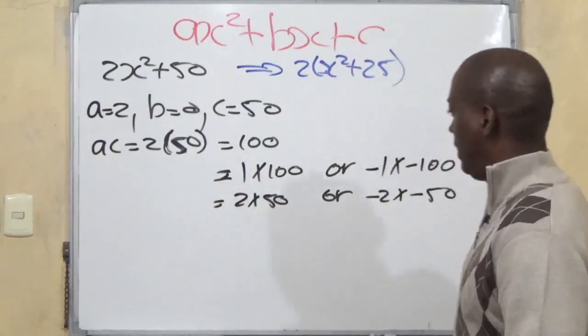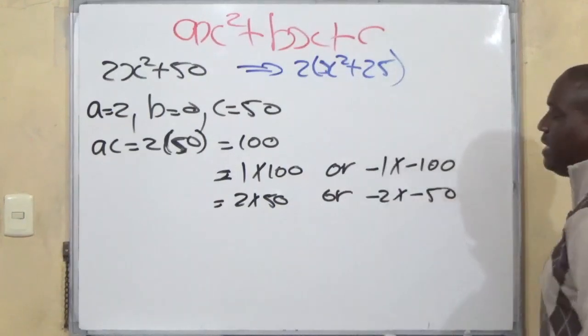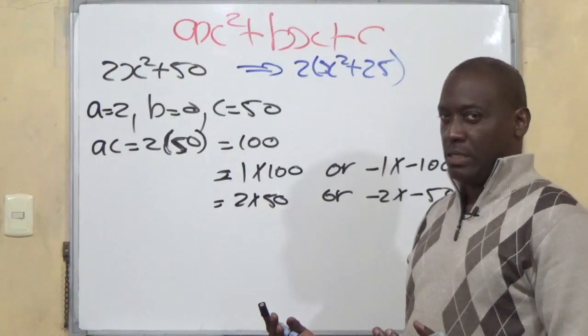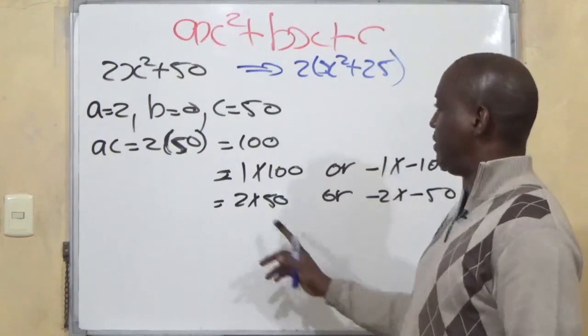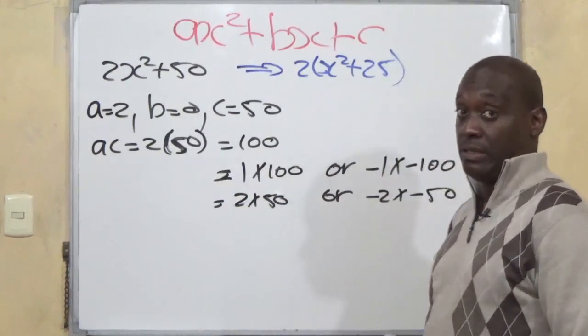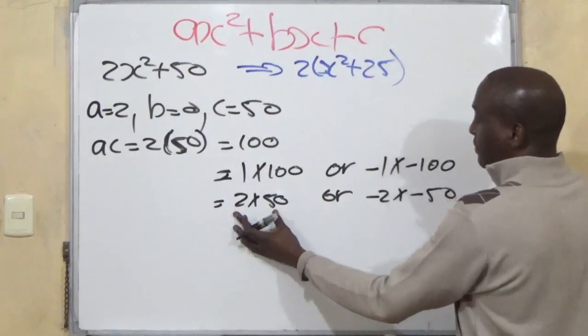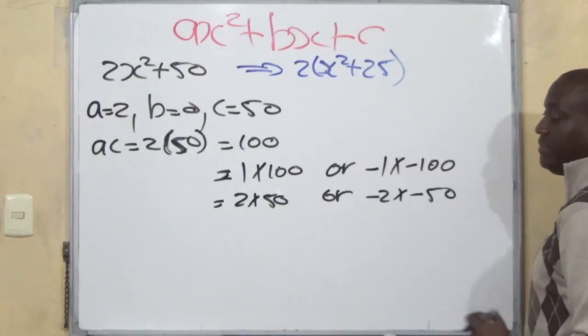There is no way among all these factors here we could combine any one of these pairs to give you 0 here. Right? Because 2 and 50 is 52. Minus 2 plus minus 50 is minus 52.